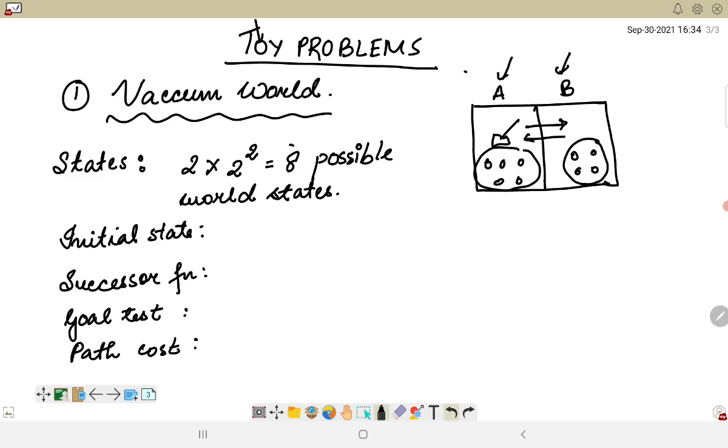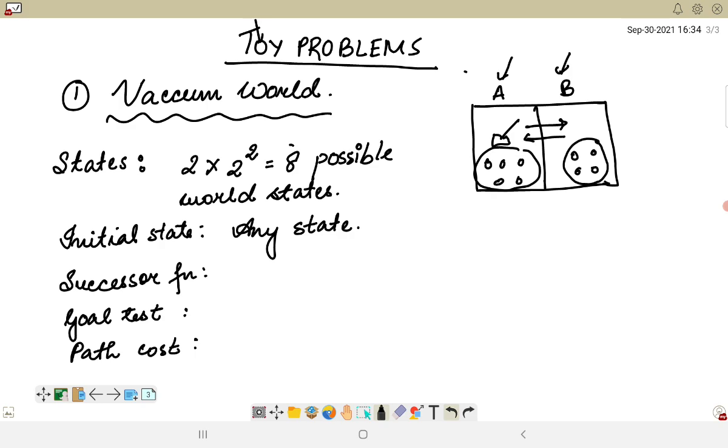These are the 4 different components used in order to define this problem as a well-defined problem. First of all, the initial state can be any state, either in A or in B. Any state can be designated as the initial state. Now what should be the successor function? This generates the legal states that result from trying 3 actions.